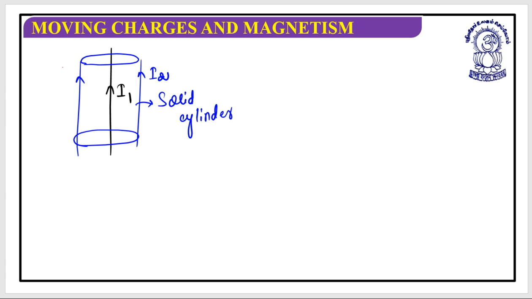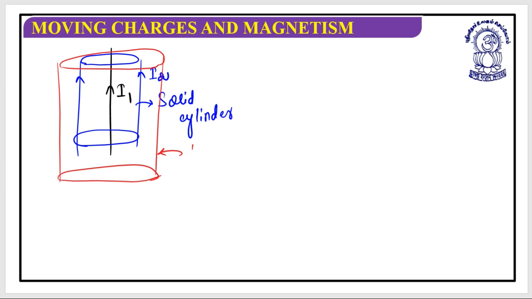And it's a hollow cylinder, and the current flowing through it is I3. What you need to do is that we have a few locations, such as this is the point A, this is the distance, and this is the point C. What do you want?